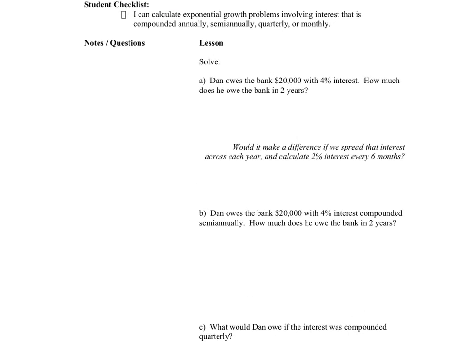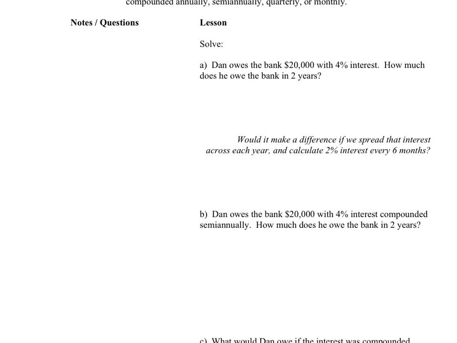So Dan owes the bank, we'll start with this first problem, $20,000, and he's given a 4% interest rate on that loan. So how much does he owe the bank in 2 years? And this is a pretty easy thing for us to figure out. We know that if he pays nothing, that amount is just going to continue to grow. So we can look at this as just a regular old exponential growth problem where A equals $20,000.